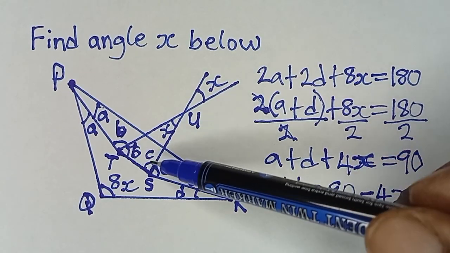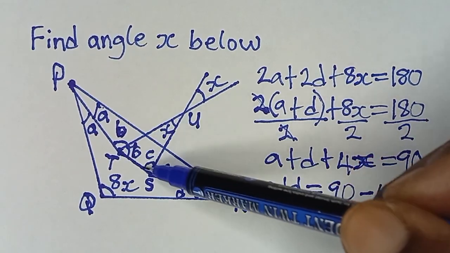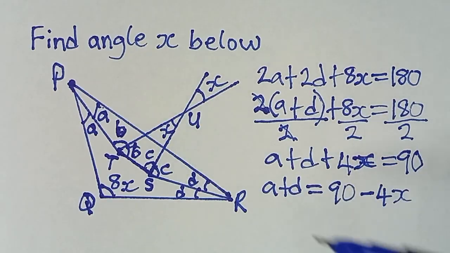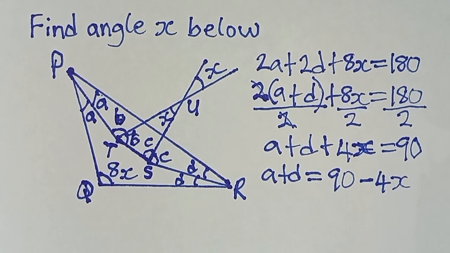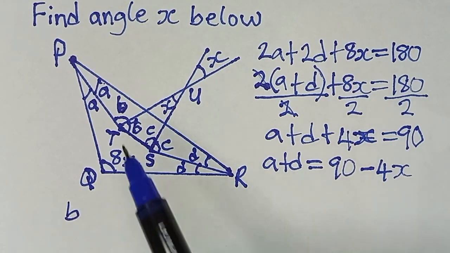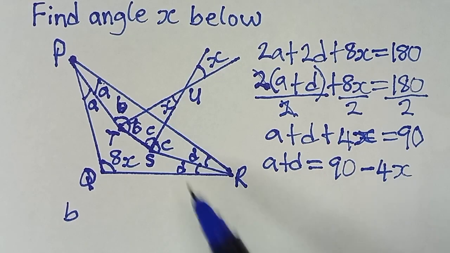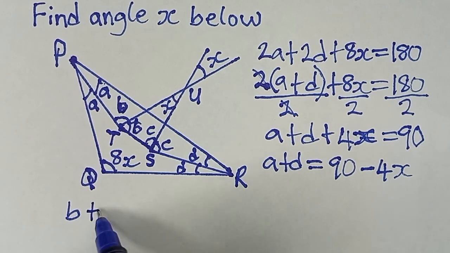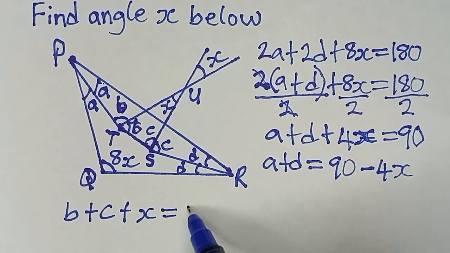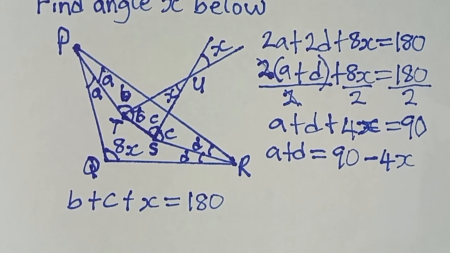So using this triangle now, triangle STU, that is this small triangle, I'm going to add the 3 angles as well. And adding them now, let me take B first. So I take angle B, which is this B here, add to C and then plus angle X is equal to 180, because sum of angles in a triangle is 180.